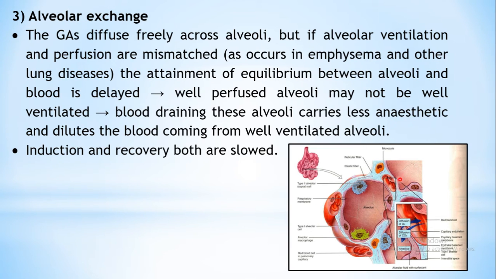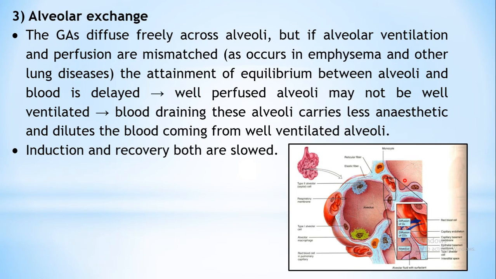So what will happen? Your general anesthetic has attained a very high concentration over here, but the blood coming over here is not able to take up your general anesthetic. So vice versa is also possible. Say for example, your alveoli are well perfused, that is the perfusion is very good, the blood is coming in a good amount in these alveoli, but the ventilation is not proper.